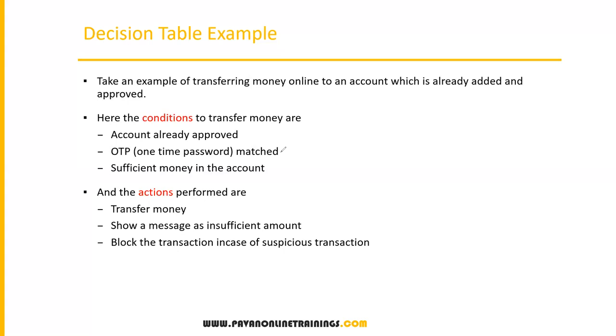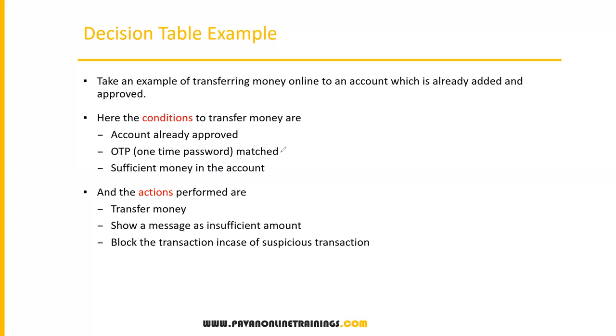And then you should have sufficient money in your account. So these are the three things you should have if you want to send money. You are the sender, you have to send the money to other people, the receivers. So the conditions are: first, your account should be approved, the OTP should be matched, and you should have sufficient money in your account. These conditions should be satisfied.